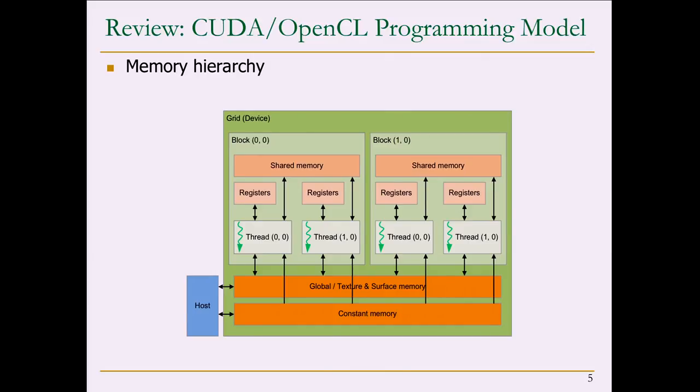Each of the thread blocks can access some special fast on-chip memory that is called shared memory. Many people complain about this name. This is pure NVIDIA terminology. In OpenCL, for example, it is called local memory.